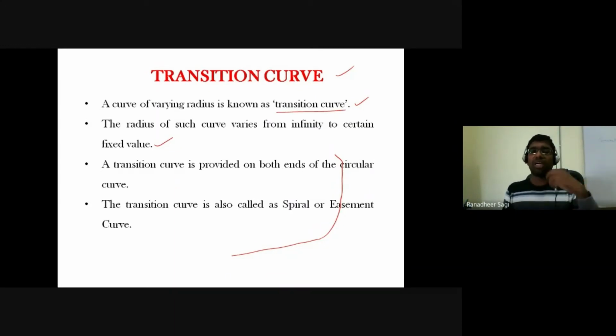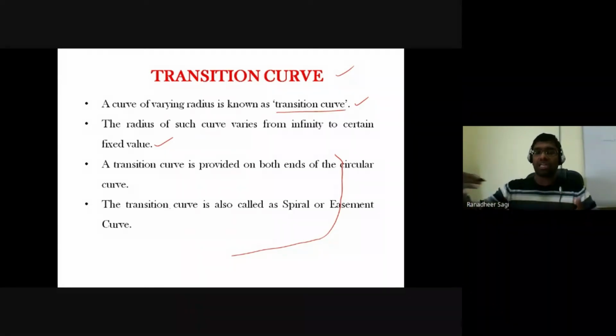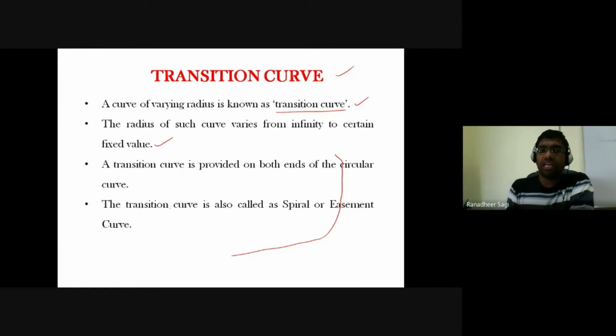Whenever you are providing a circular curve, in order to minimize the effect at the end of your circular curve, we prefer to extend the starting and ending part of it with the help of this transition curve, where the radius can be slowly changed, and you can take it to a flatter alignment for that particular road or track.